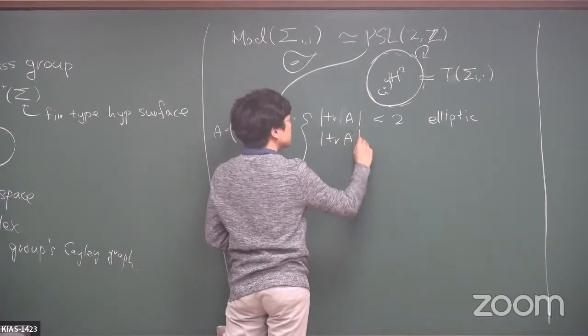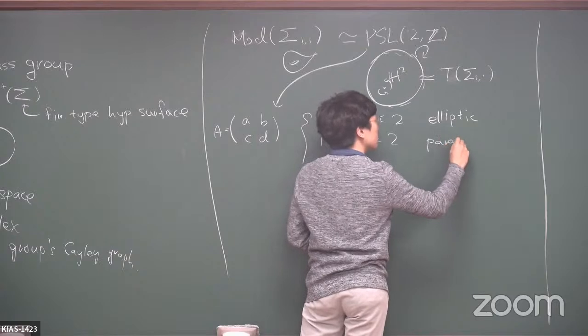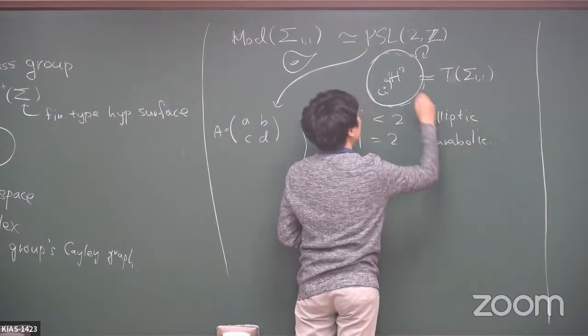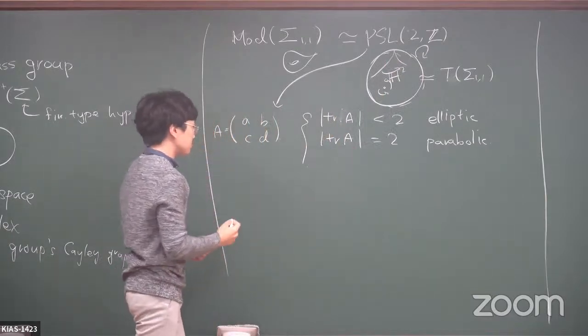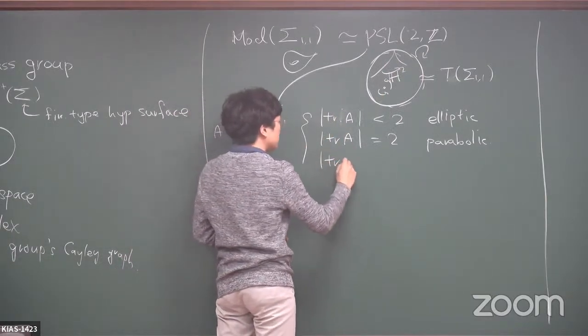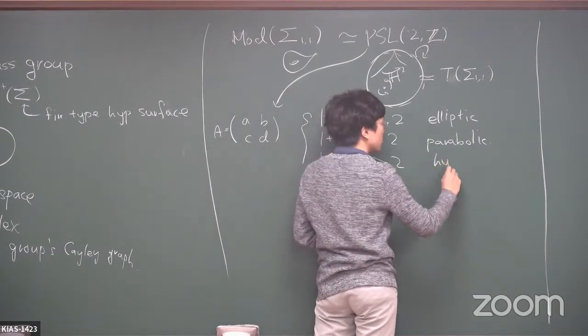And if the trace is 2, and if it's non-trivial, then it's called parabolic, and this acts like a horocyclic translation. And finally, if the trace is greater than 2, then this is called hyperbolic or loxodromic.